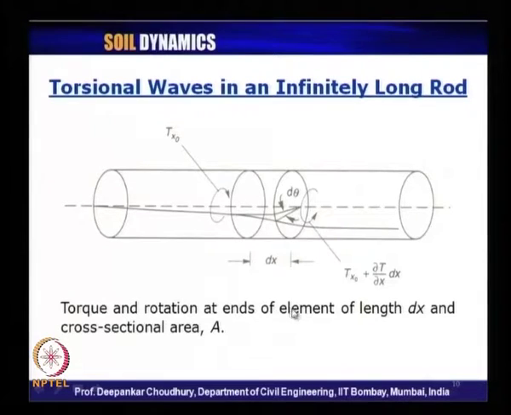So, torque and rotation at the ends of the element of length dx with a cross sectional area A is shown. What we can do here?